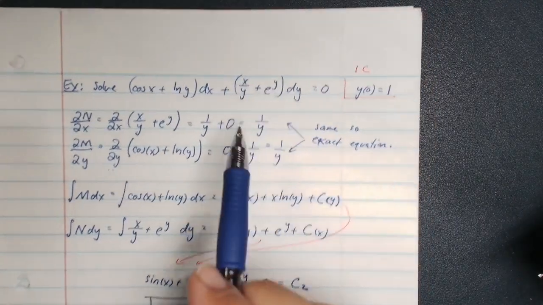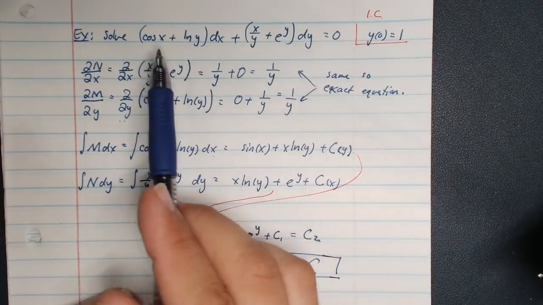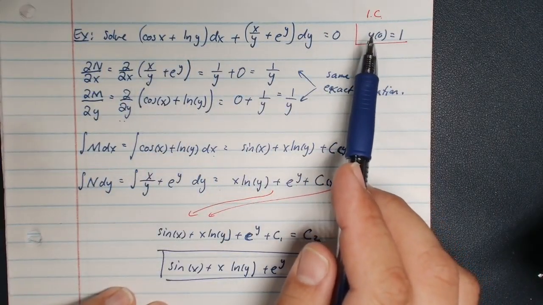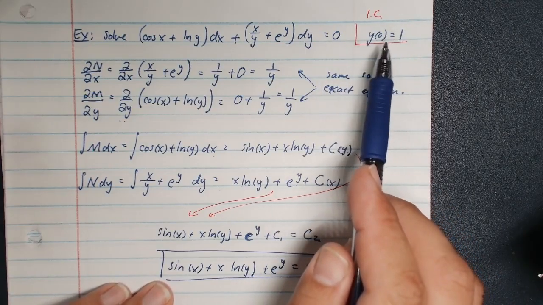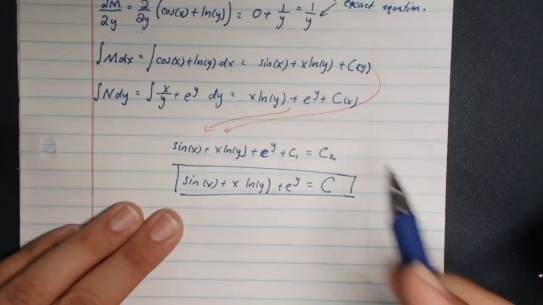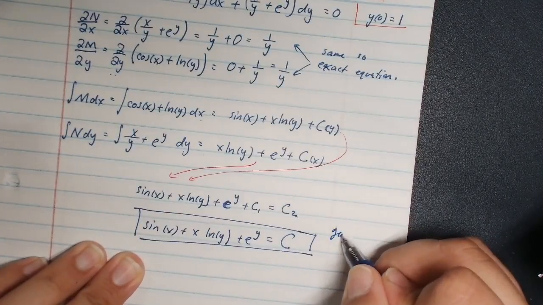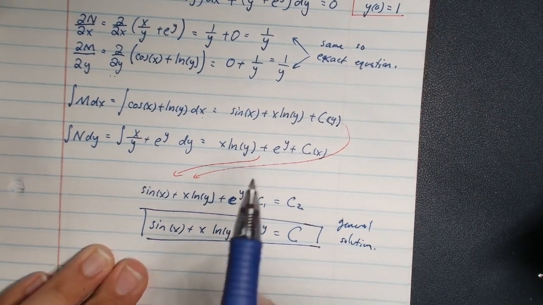Because after all, that is the general solution to our problem, but we weren't looking for a general solution. We wanted a particular solution, namely the one that we get when we plug in these initial conditions. So, although this would be my general solution, now let's go ahead and plug in to find our particular solution.